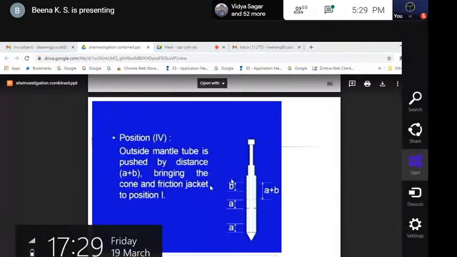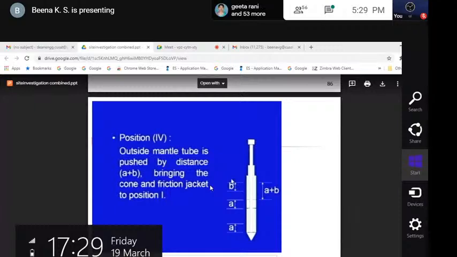So here, initially we push down the cone alone, and then we push the cone and the jacket together. In the first case we get the tip resistance, and in the second case we get both the tip as well as the frictional resistance along the surface.